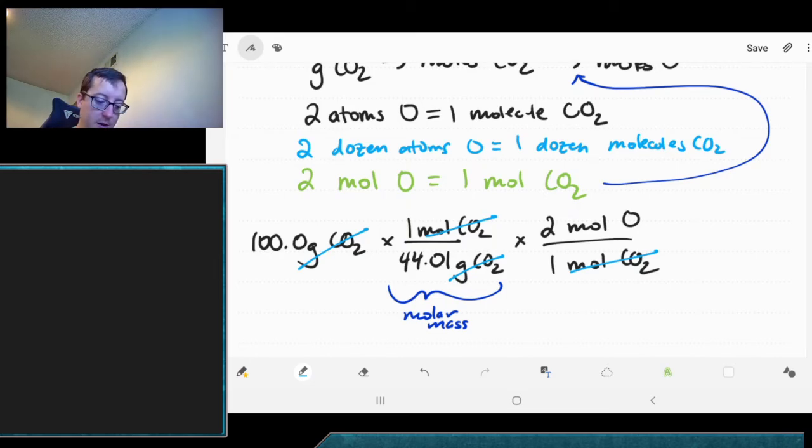So let's go ahead and do this. 100 divided by 44.01 times 2 is equal to 4.544 moles of oxygen atoms. And that's our answer.